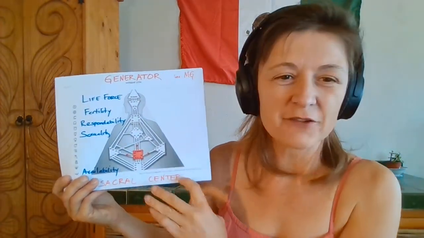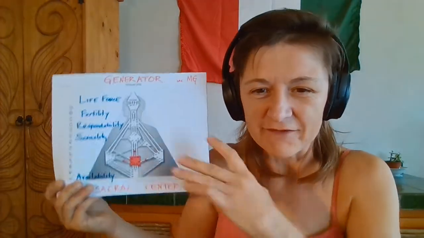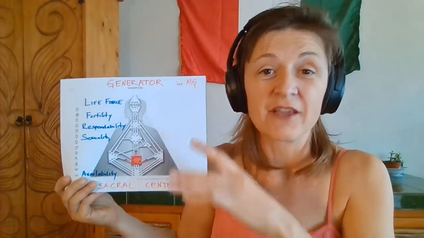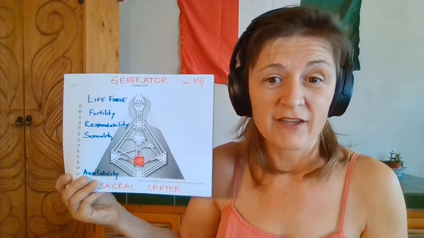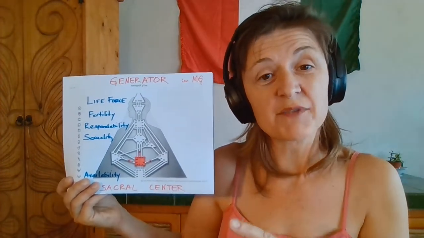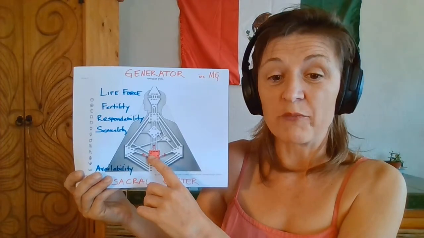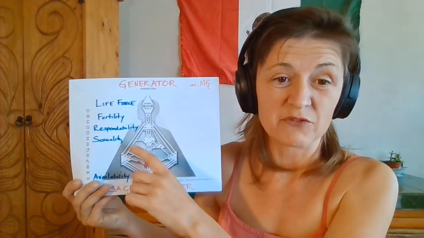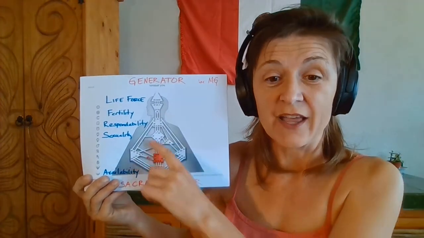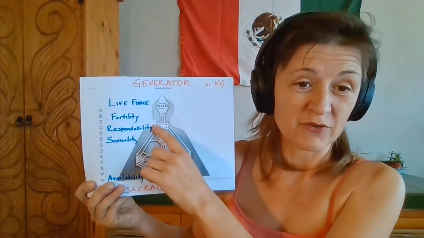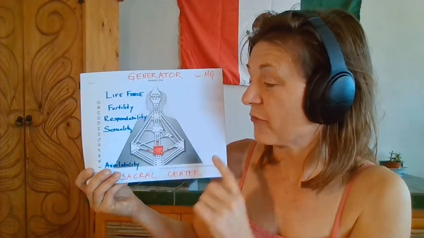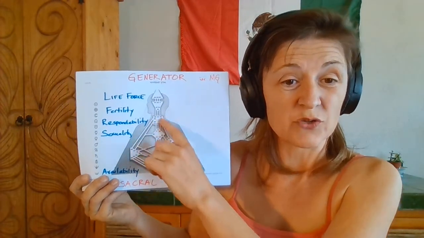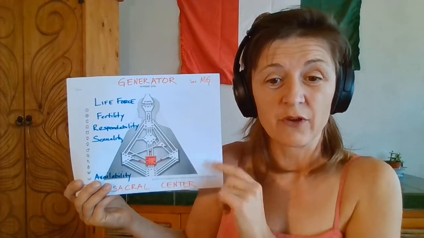We use that in other places in human design, huh? But the sacral life force is the life force on the planet. Generators and manifesting generators have it. The difference between those types of generators is that for manifesting generators, their sacral power gets to the throat directly. For pure generators, in other words, there's definition at the throat, but it doesn't get to manifest directly in the throat, okay?